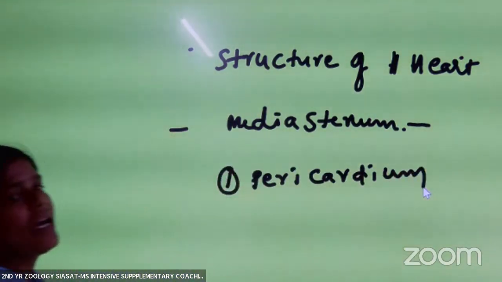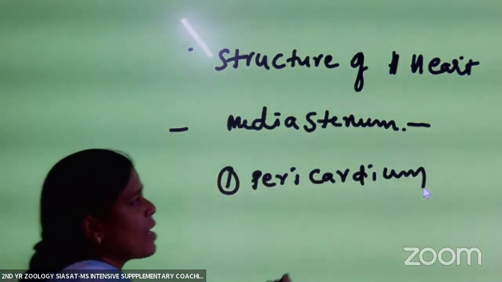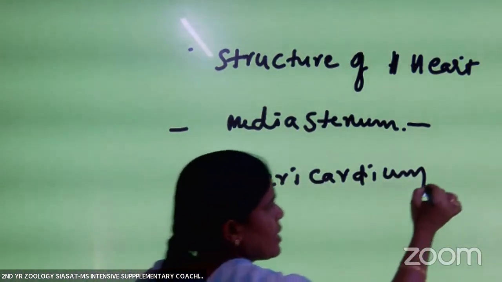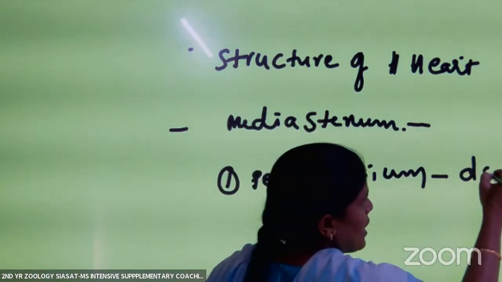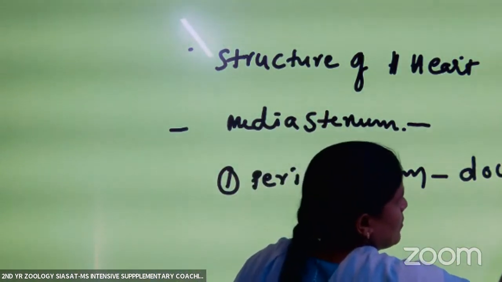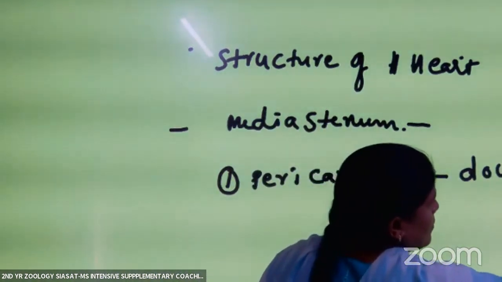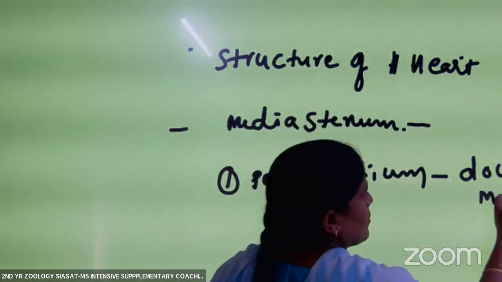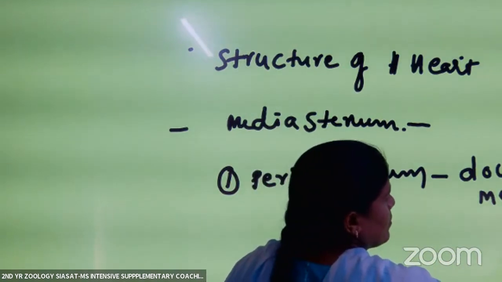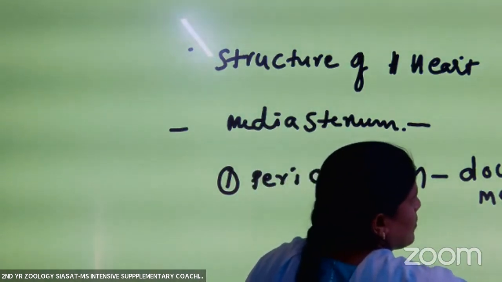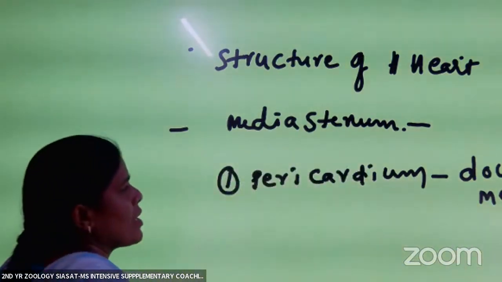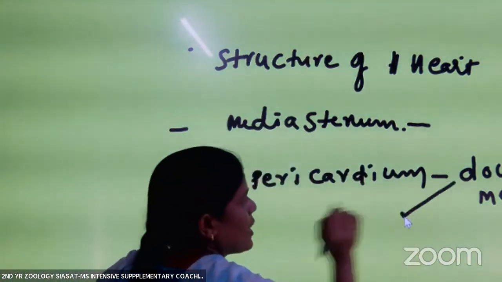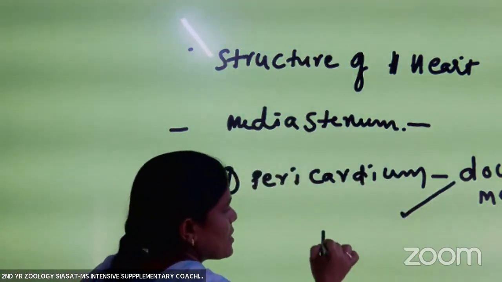The heart is covered by the membrane that we call the pericardium. The pericardium is a double layered membrane. The outer layer is called the fibrous pericardium.